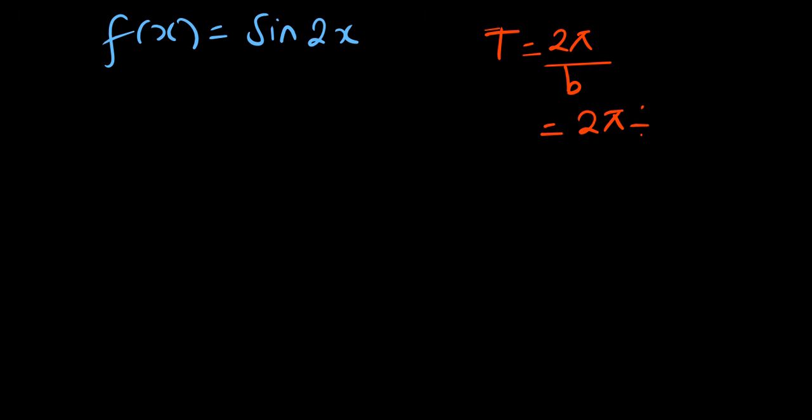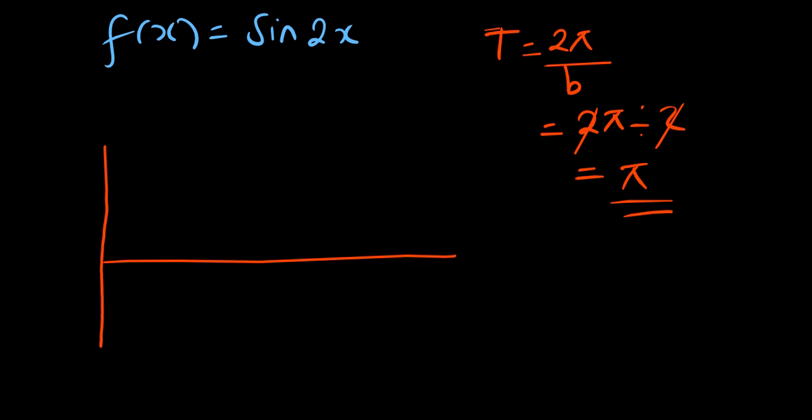The coefficient of x in this case is a 2. So we are dividing 2 pi by 2. The 2 and the 2 divide, and we're just going to remain with a pi. A pi is just the same as 180. So how is our graph going to look like? Let's say this is the y-axis, this is the x-axis. The amplitude you're able to see is just the 1, and then like that. Now the period has changed.